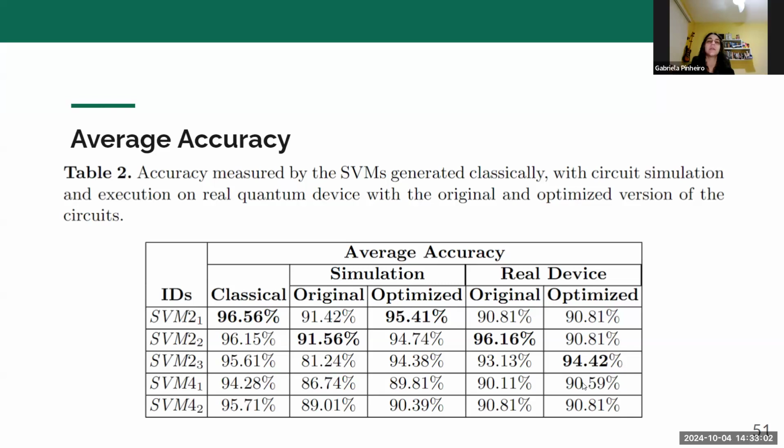But in all of the other cases, we are either tied or better than the original circuits, which is really interesting to see because we managed to have better results on a smaller circuit. So it's a win-win situation. We reduce the circuit size and still managed to get a better accuracy than the original circuits.